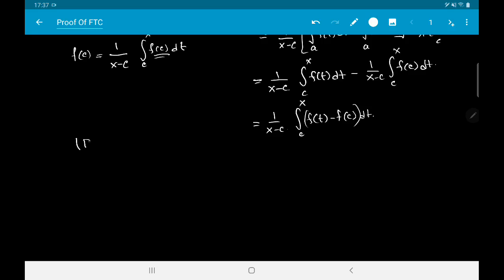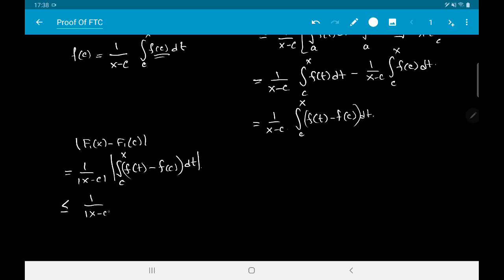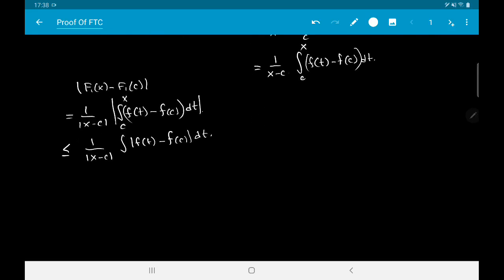So let me check what F1(x) minus F1(c) is. Taking the modulus of that, this is equal to 1 by |x minus c| times the modulus of the integral from c to x of (f(t) minus f(c)) dt, and this is, by one of our order properties, less than or equal to 1 by |x minus c| times the integral of |f(t) minus f(c)| dt.